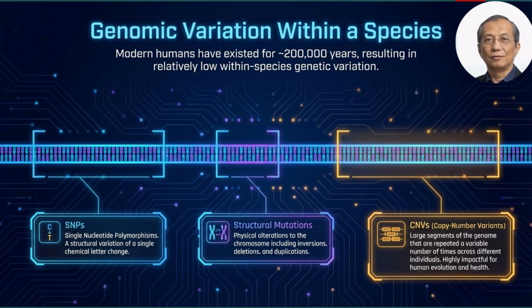Structural mutations involve larger physical alterations to the chromosome, including inversions, deletions, and duplications. Finally, copy number variants, or CNVs, are large segments of the genome that are repeated a variable number of times across different individuals. These variations are highly impactful for human evolution, disease susceptibility, and individual traits.